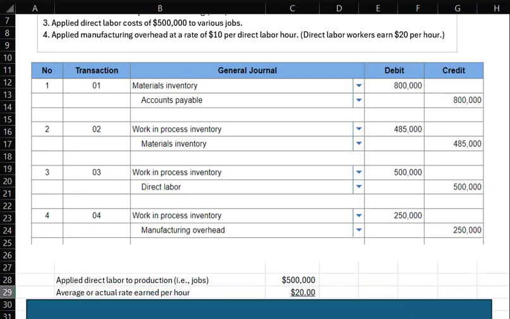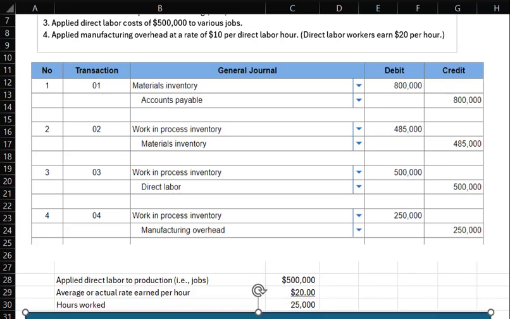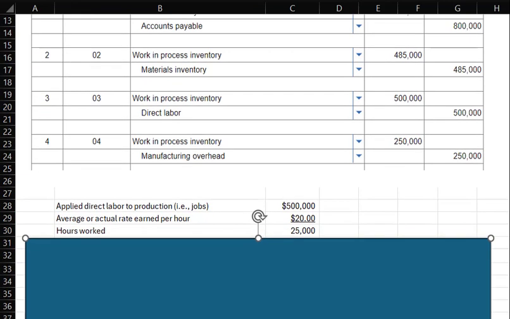And they told us that the average or actual rate earned was $20. I think they just said it's actual. So if we divide the $500,000 by $20, let me slide up so it's not on the bottom of your screen here, we can then calculate that there was 25 hours worked.